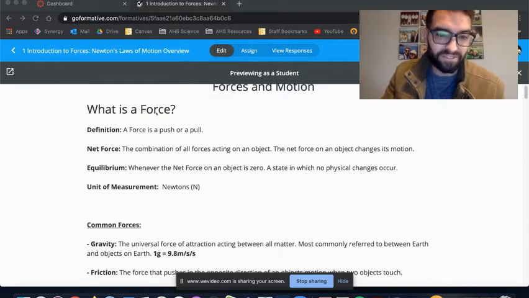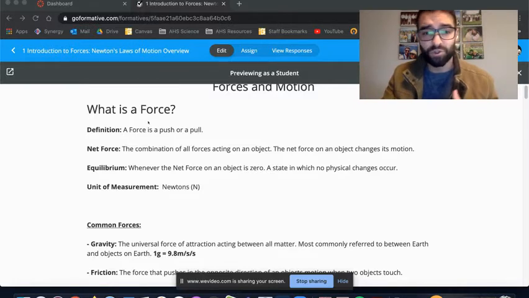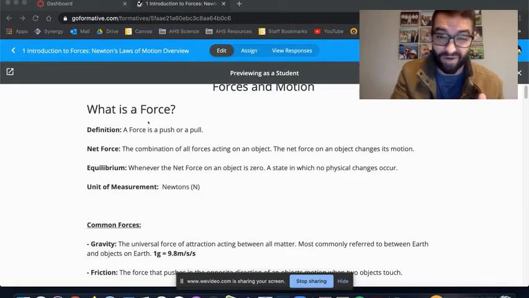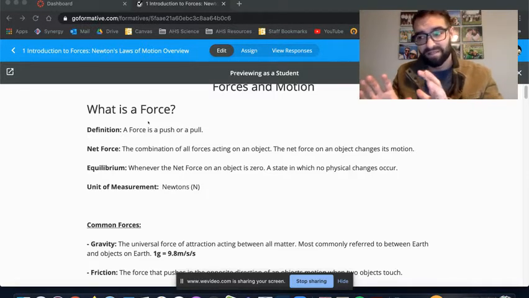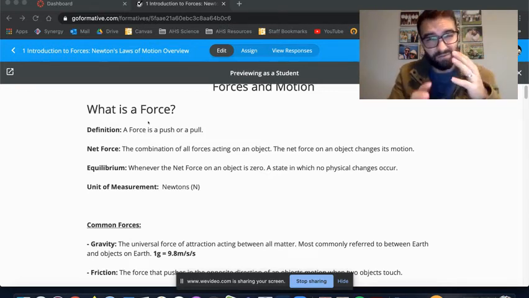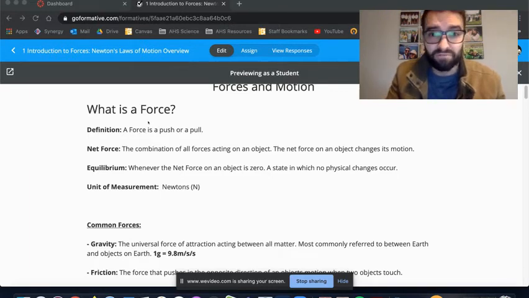What is a force? A force is a push or a pull. So literally anything, whether you know the name of it or not, whether you know something like gravity, it is a push or a pull. And when you think about that, if something is pushing or something is pulling, that's motion, right? Something is moving. So then we're going to talk about a net force.